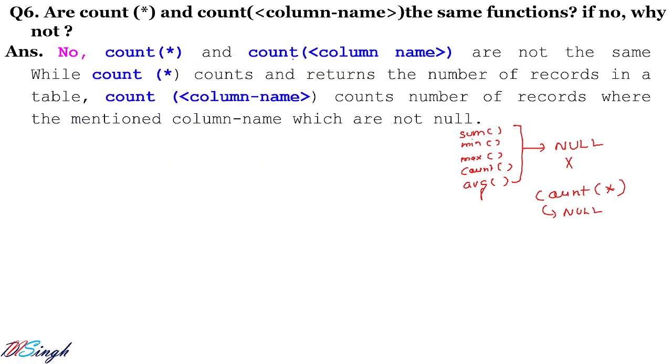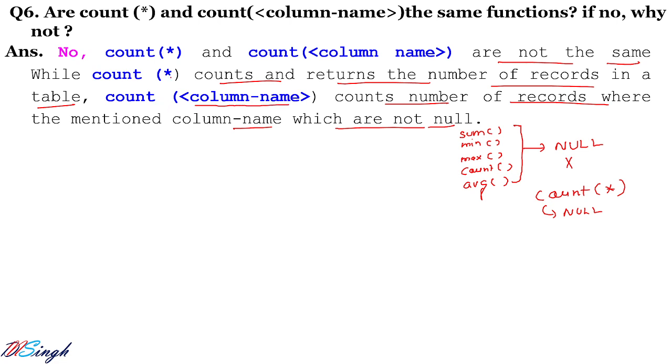No, count star and count column name are not the same. While count star counts and returns the number of records in a table, count column name counts the number of records where the mentioned column is not null. So if in the mentioned column any records are null, count is not going to count them.